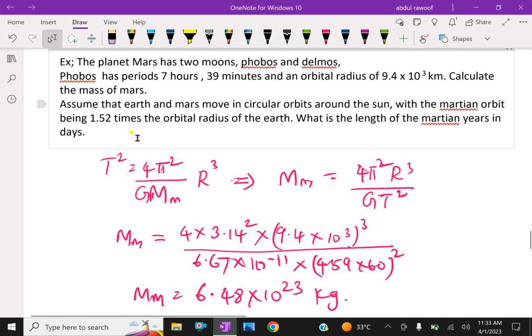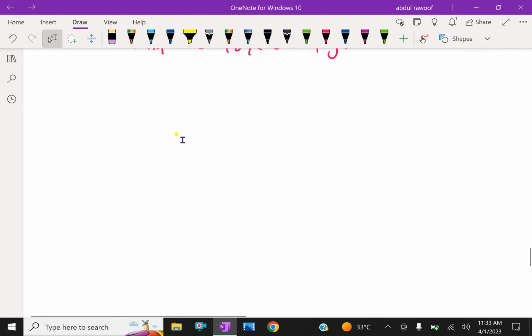Next part of the question: assume that Earth and Mars move in circular orbits around the Sun, with the Martian orbit being 1.52 times the orbital radius of the Earth. What is the length of the Martian year in days? Now, the second part.